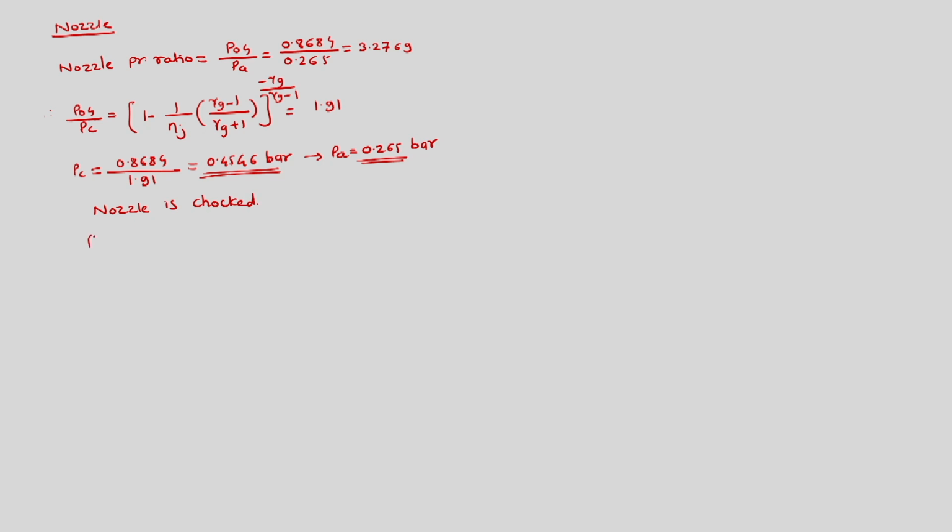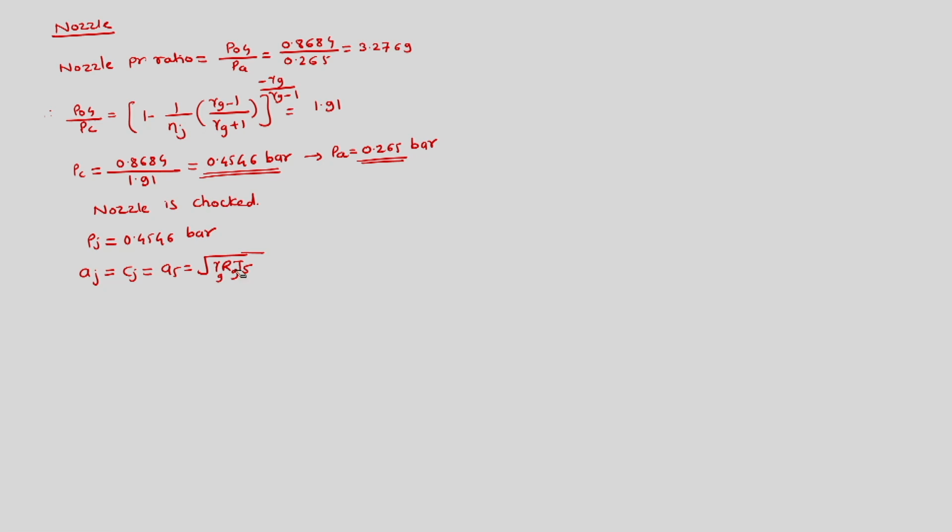And then we know for the choked nozzle the jet pressure is 0.4546 bar. We need to find out the jet velocity, Cj, which is equal to A5, which is square root of gamma R T5, and this is for gas.